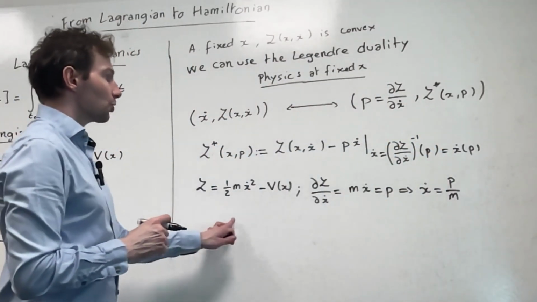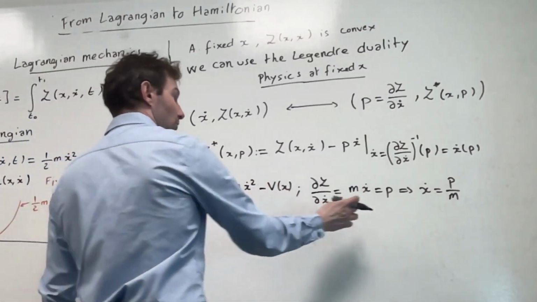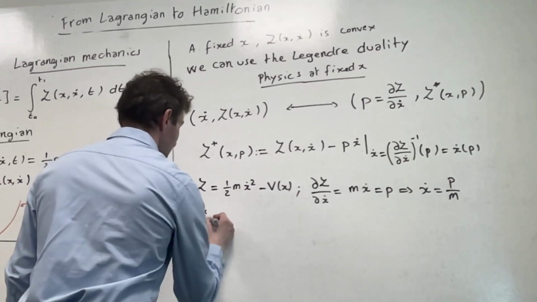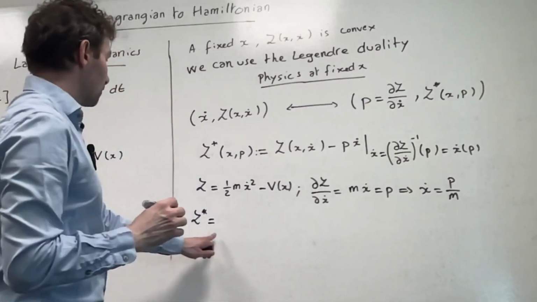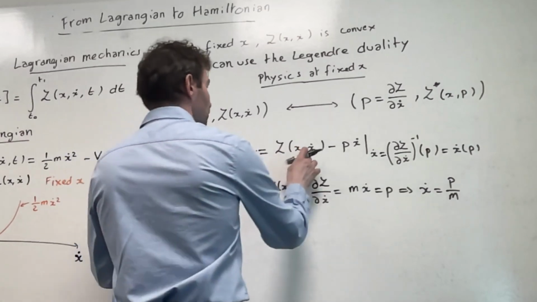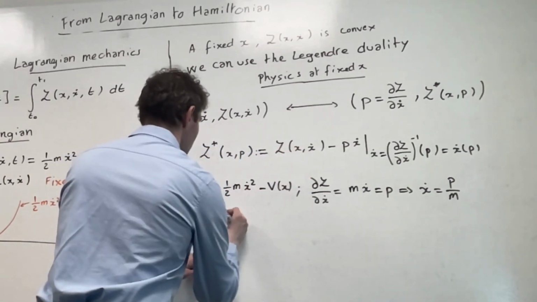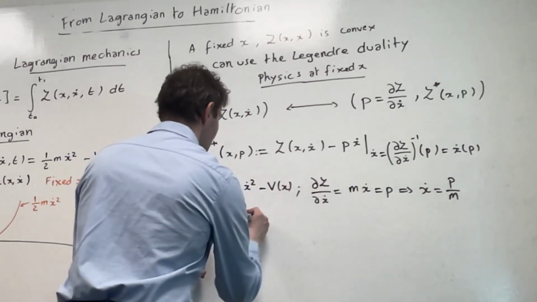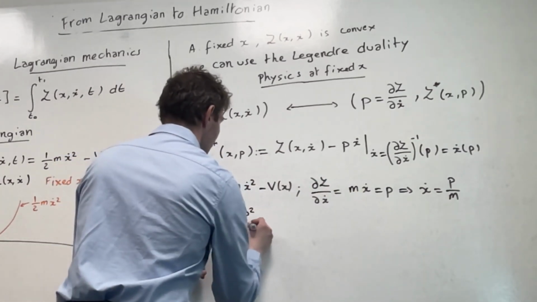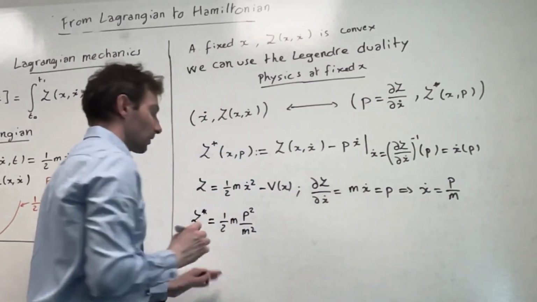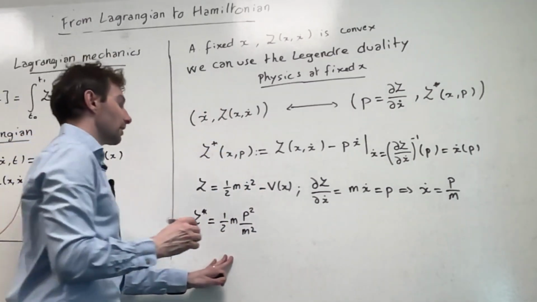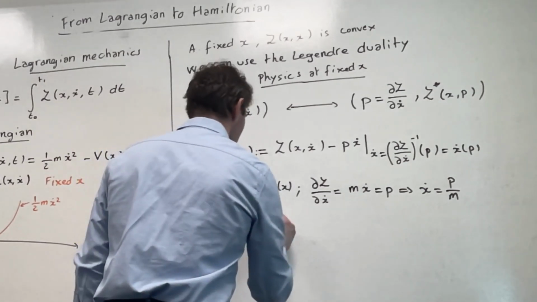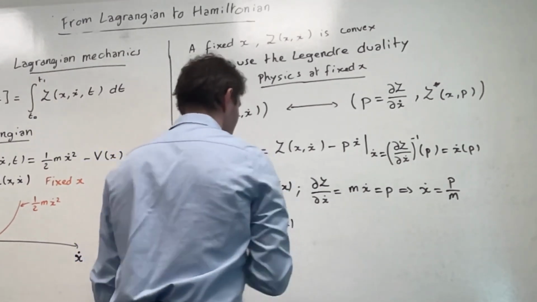Once we're there, we are almost done, because L star is going to be equal to L, so half m x dot squared is P squared over m squared, and then we still have minus V of x.